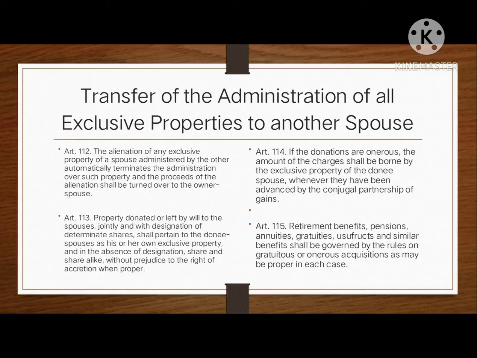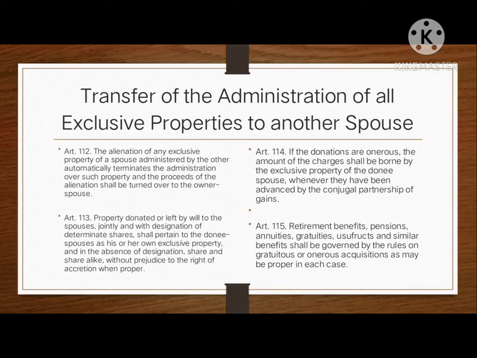This is the process of a property owner voluntarily giving or selling the title of the property to another party. If it is administered by the other spouse, who is not the owner of the property, then it shall be transferred to the owner of the property.